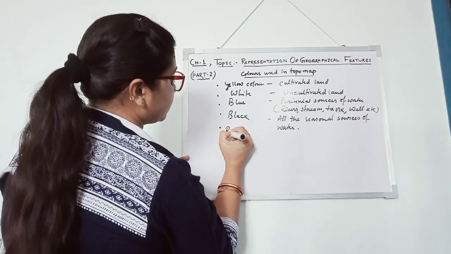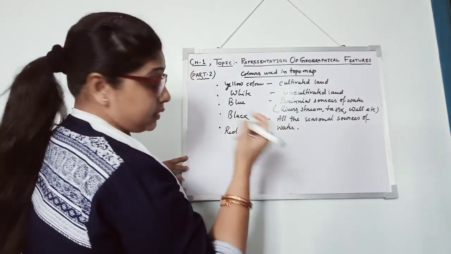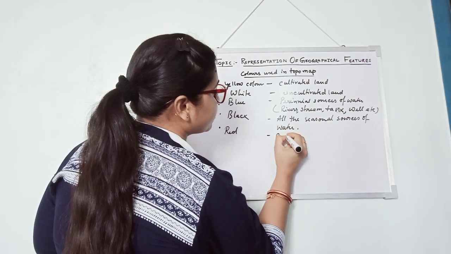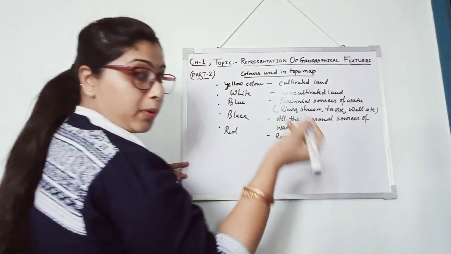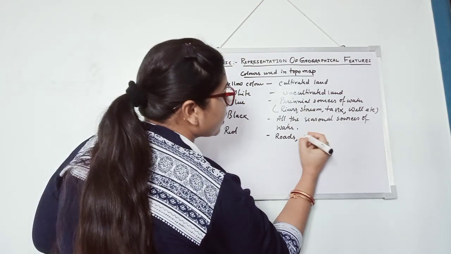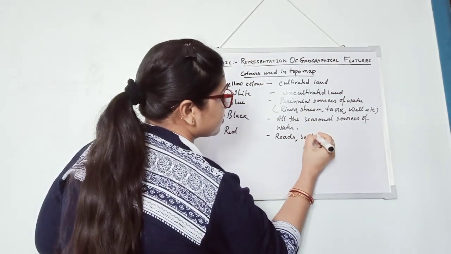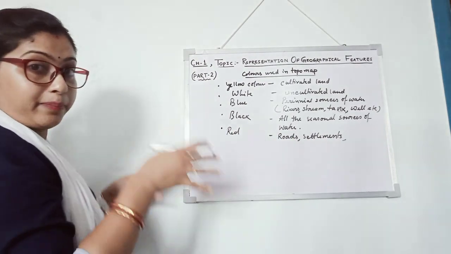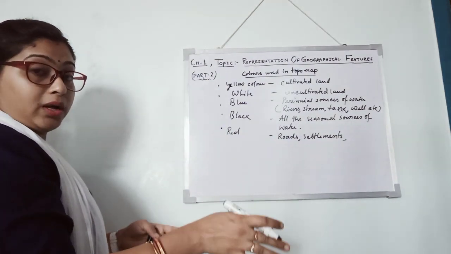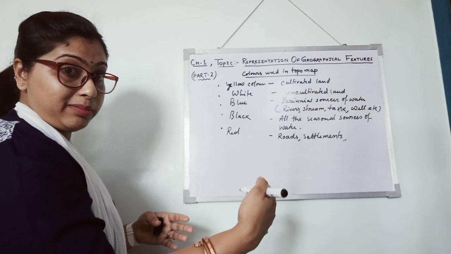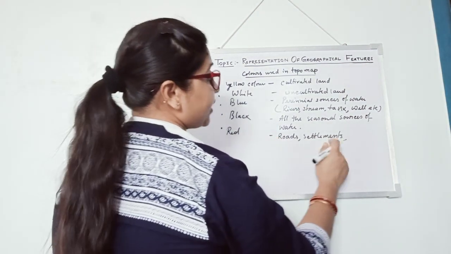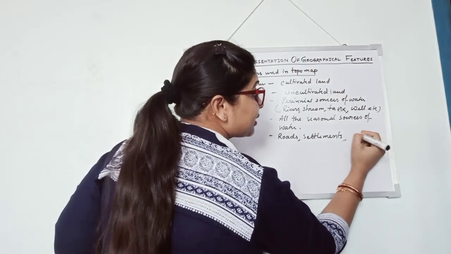Next, red color. Red color is showing, first, roads. All types of roads are shown in red color. Then settlements, that is permanent huts or any kind of settlements; we can see different patterns. So roads, settlements, even the grids.